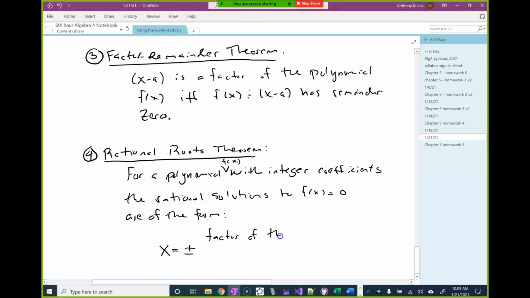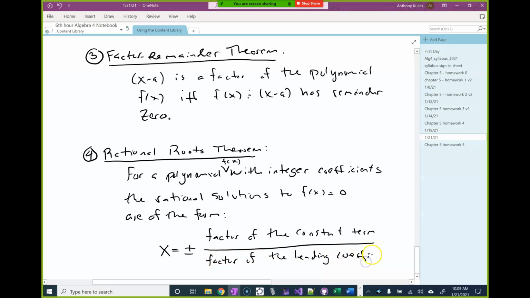So just to show you how this works, let's say we have this polynomial.